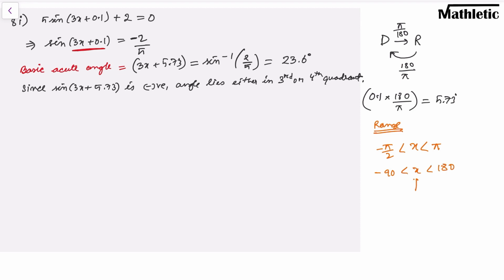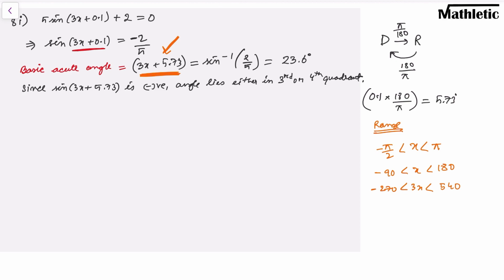So the given range is because of x, but our basic acute angle is 3x plus something, right? So when you multiply the entire range with 3, you get 90 into 3, so 270, and 180 into 3, which is 540. As in, I'm converting the range. The range should be according to the basic acute angle, this one. So I have multiplied by 3.